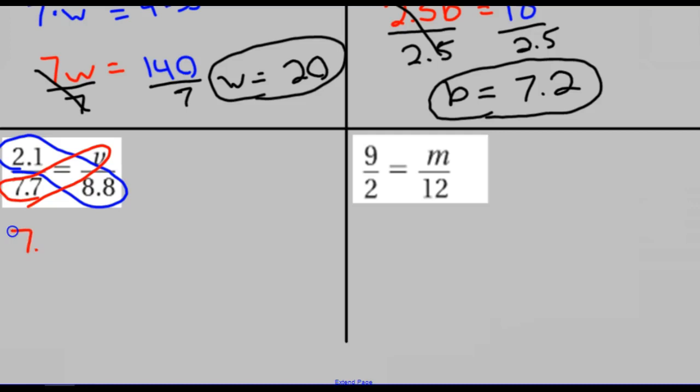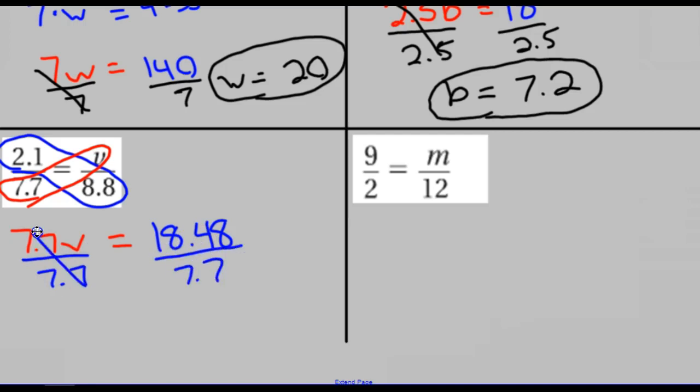So 7.7 times v gives us 7.7v equals 2.1 times 8.8, which gives us 18.48. Divide by 7.7. So v equals 2.4.